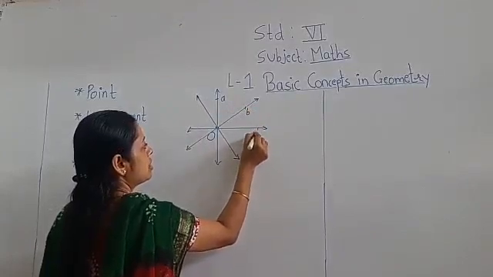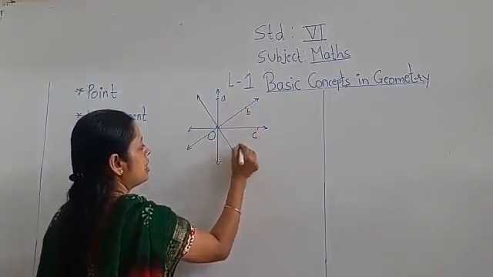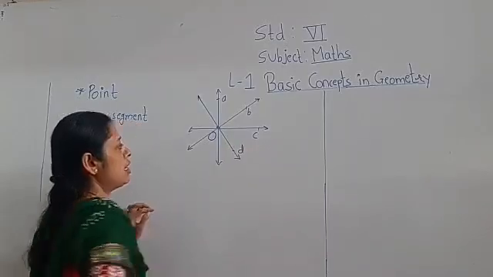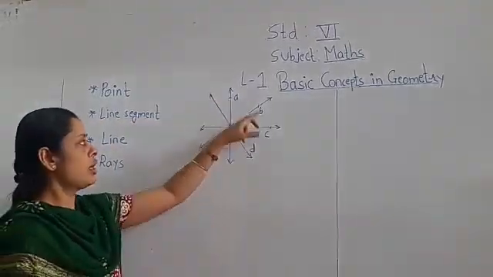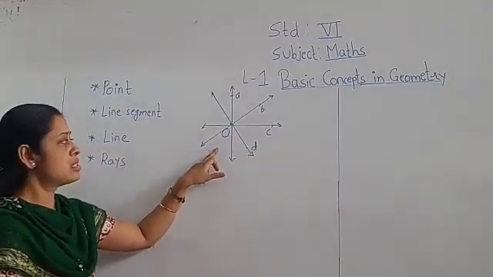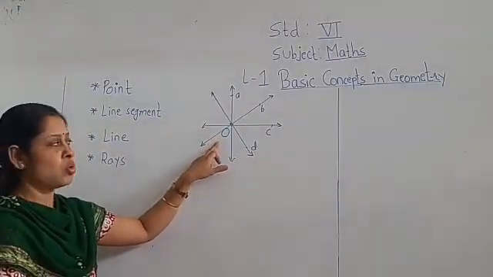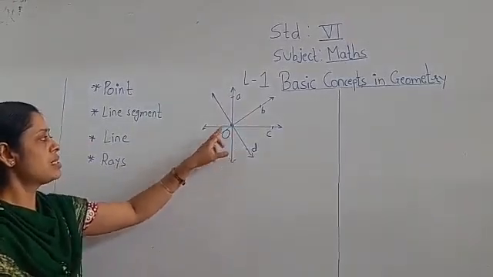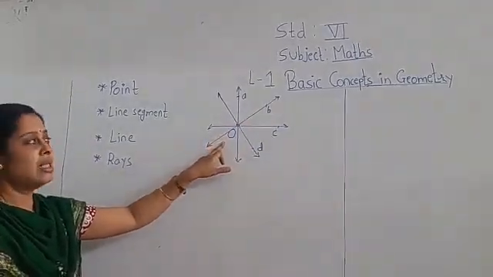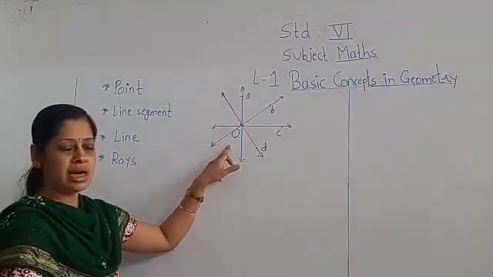We will name these lines, line A, line B, line C and line D. We will find that we can draw innumerable lines through this point O. So when three or more than three lines pass through a single point, they are called concurrent lines.